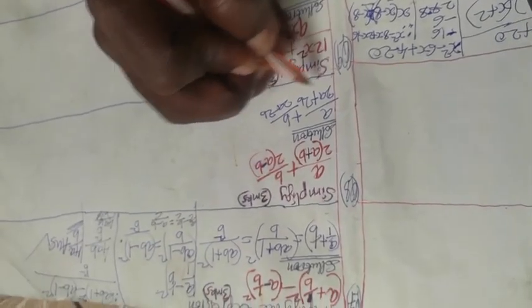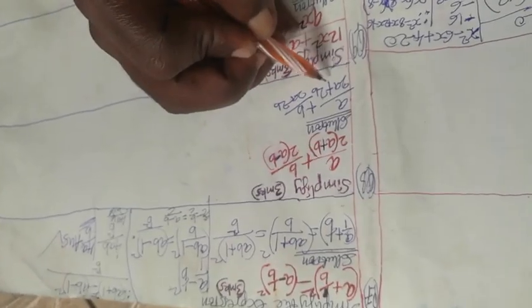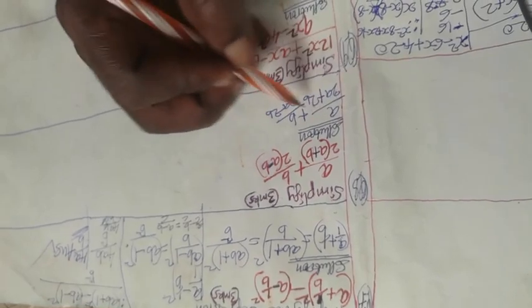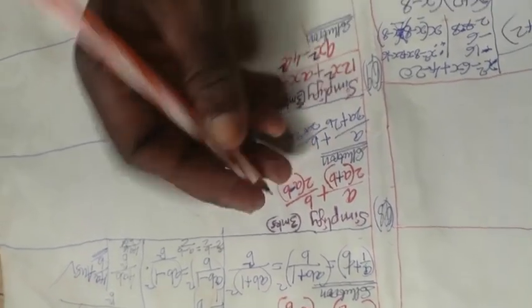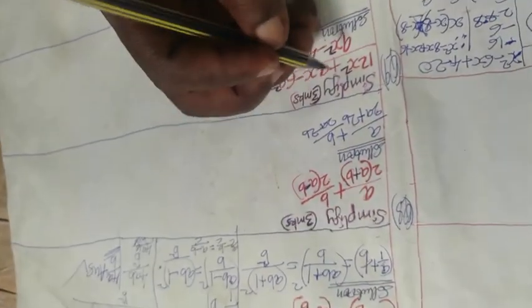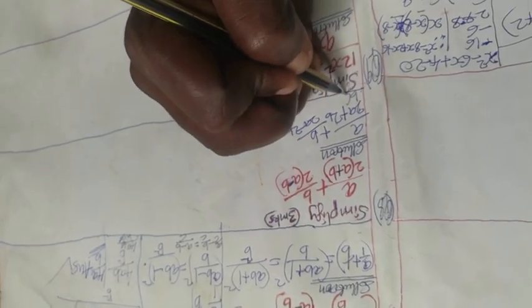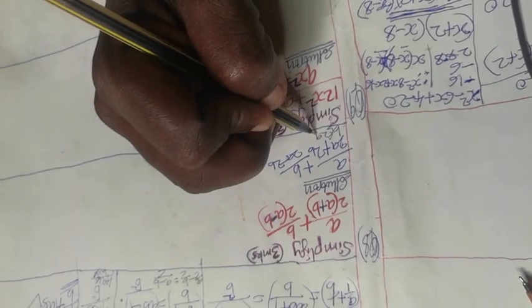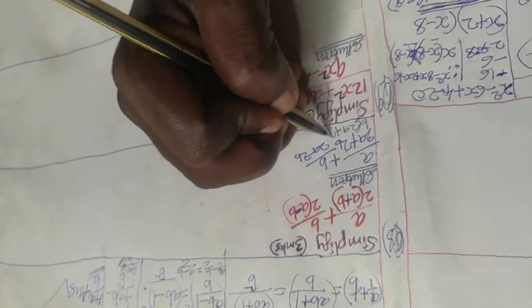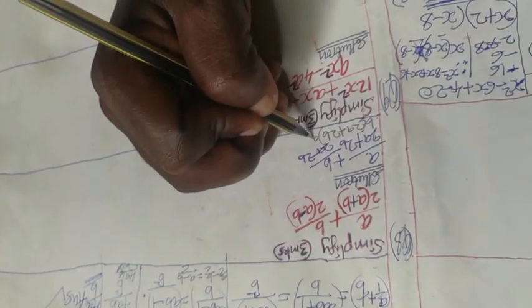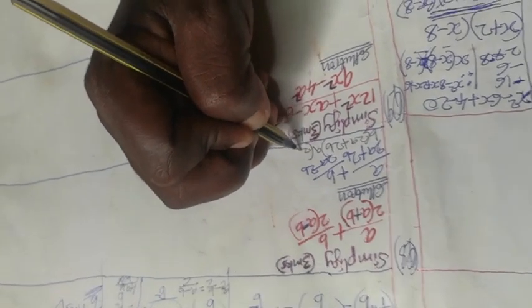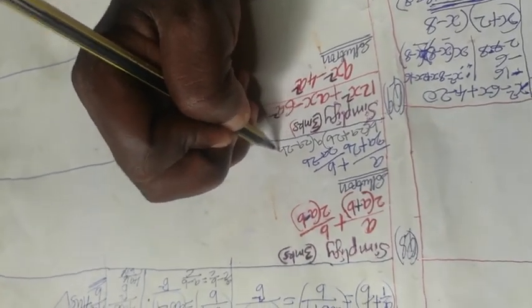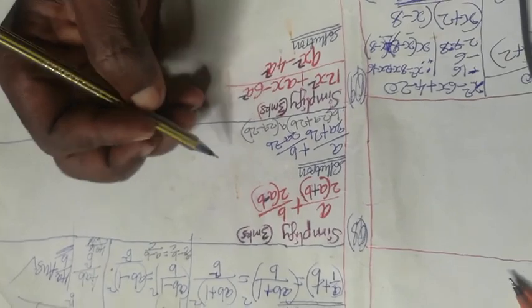This will give us, now here we are going to cross multiply. We say p into brackets 2a plus 2b into brackets a into brackets 2a minus 2b into brackets.